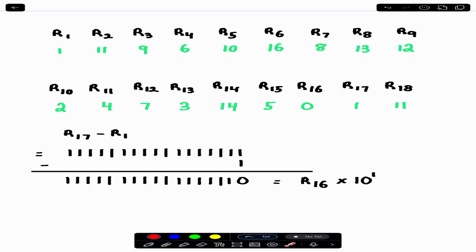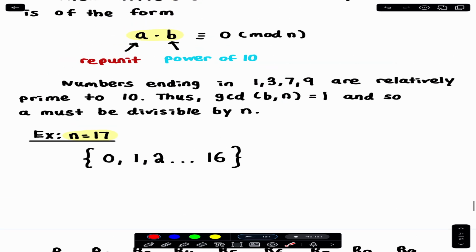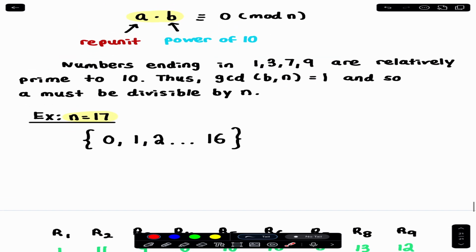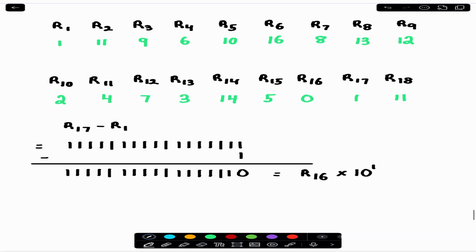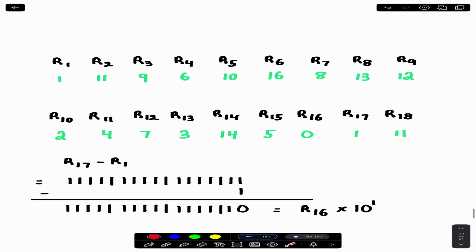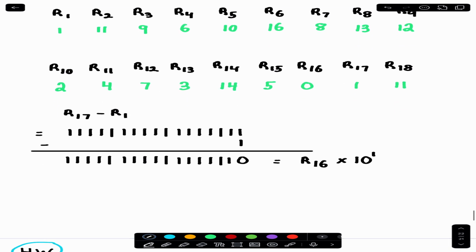As we said before, the GCD of 17 and 10 is 1, which means, oh, and I forgot a very important part, because rep unit 17 is congruent to 1 mod n and rep unit 1 is congruent to 1 mod n, this should be congruent to 1 minus 1, which is the same as 0 mod n.